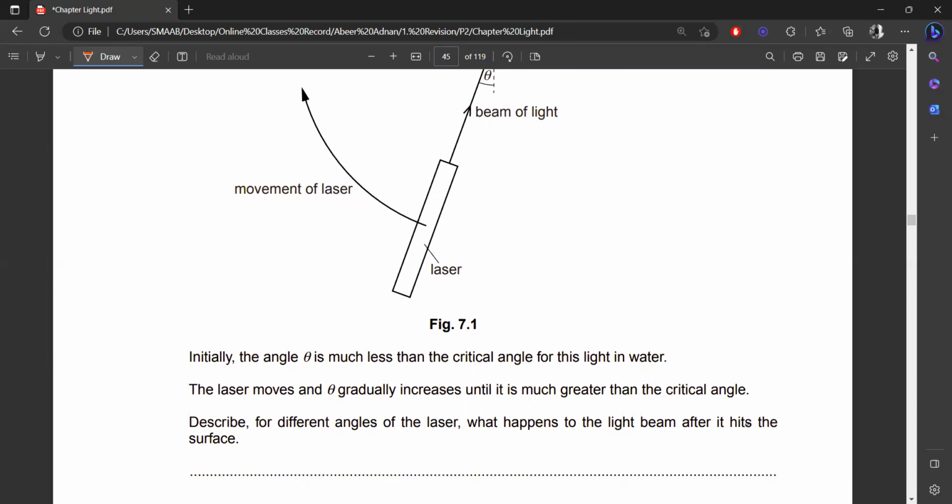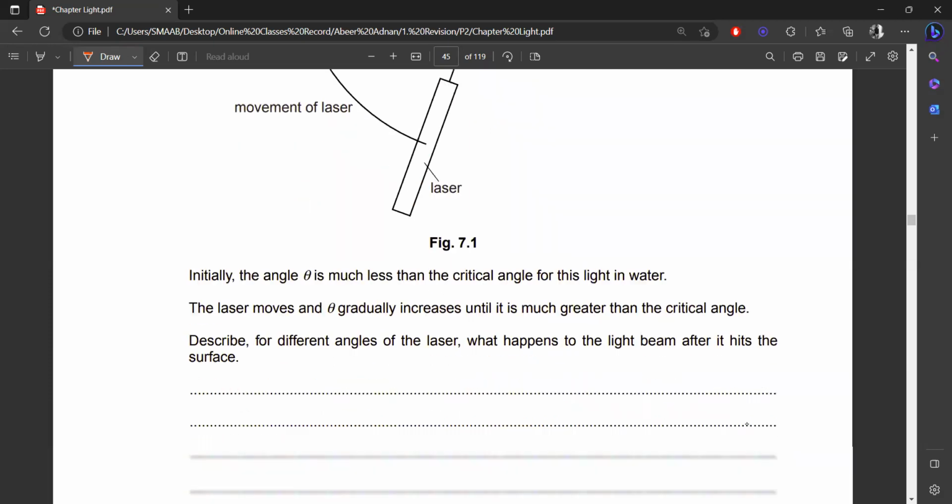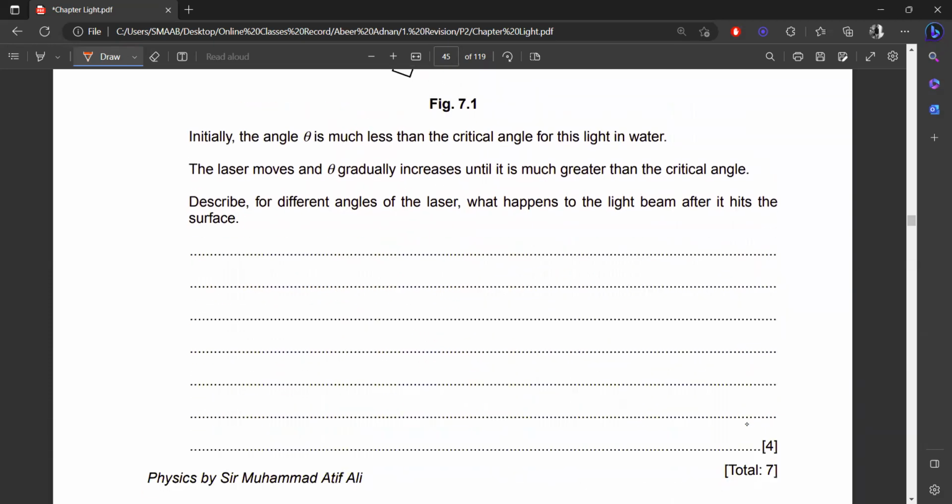The laser moves and theta gradually increases until it is much greater than the critical angle. So now the angle is greater than the critical angle. Describe, for different angles of the laser, what happens to the light beam after it hits the surface. So we have to explain the whole phenomenon of total internal reflection, right?